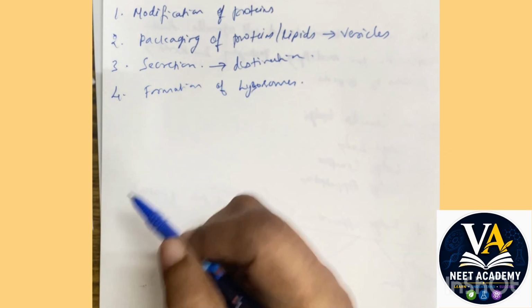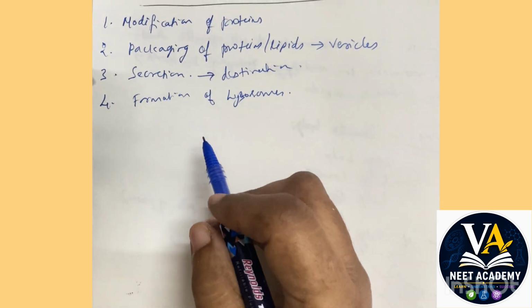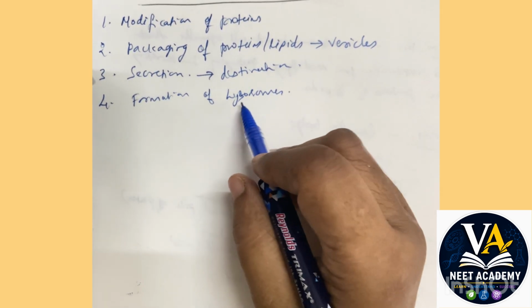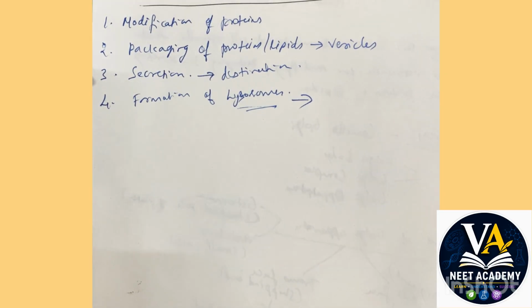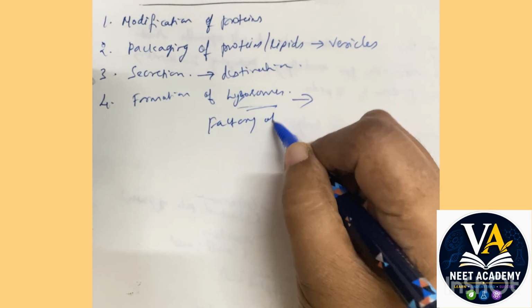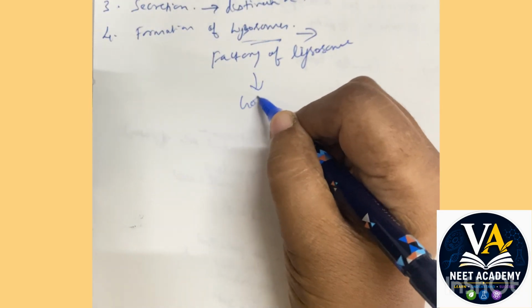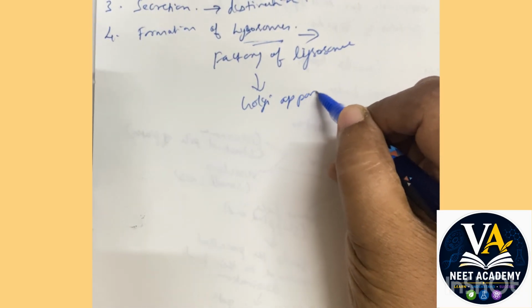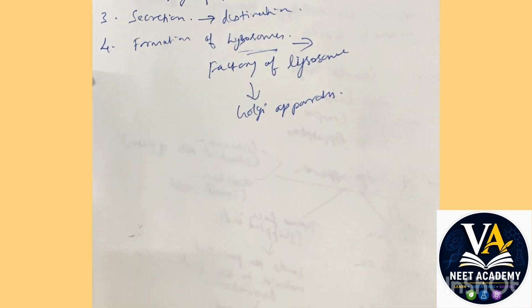All of us know lysosomes, these are small vesicle kind of structures, and the Golgi apparatus is the one which is responsible for forming lysosomes. One NEET fact is that if you are asked which is the factory of lysosomes, your answer should be Golgi apparatus, or Golgi body, or Golgi complex, whatever. Be very clear with that. Golgi body is called the factory of lysosomes.